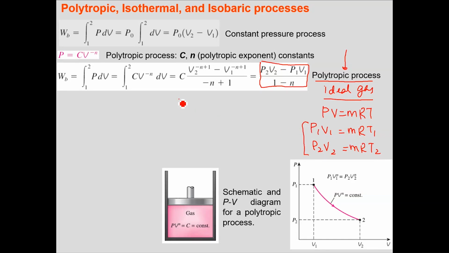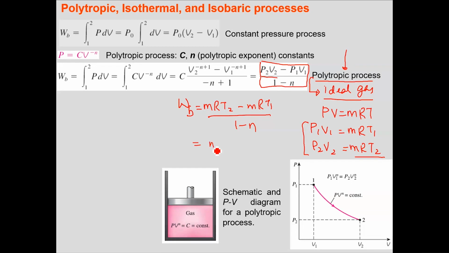Yes, sir. So I can also express the boundary work as, instead of writing P2 V2, I can write mRT2. So I can write (mRT2 minus mRT1) over 1 minus n as the boundary work for a polytropic process where the fluid is behaving as an ideal gas.